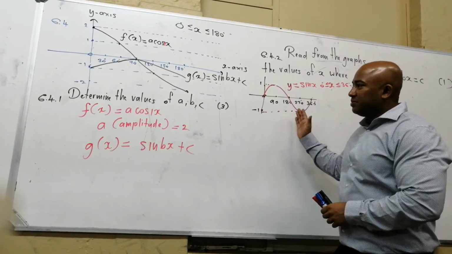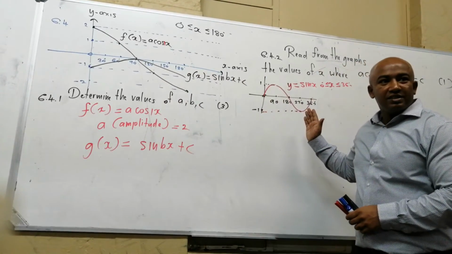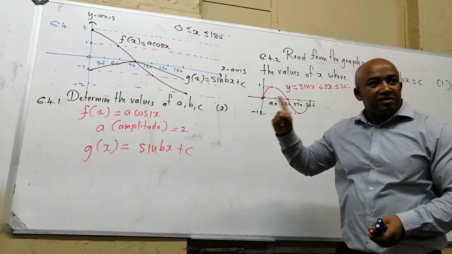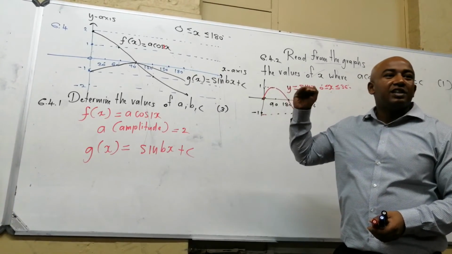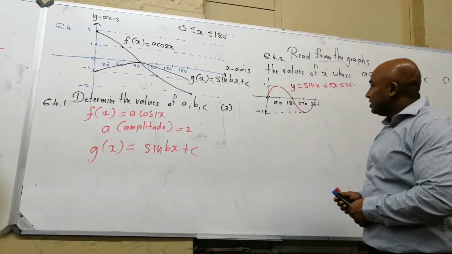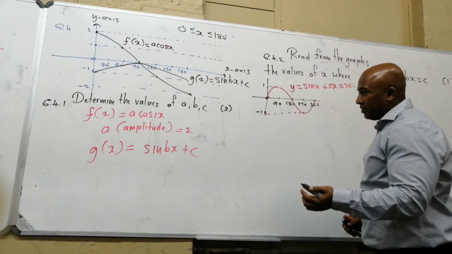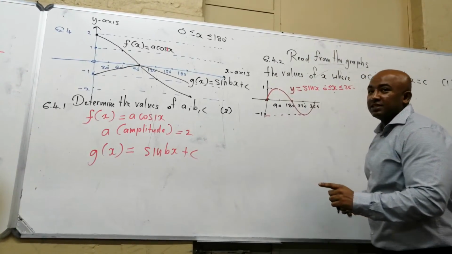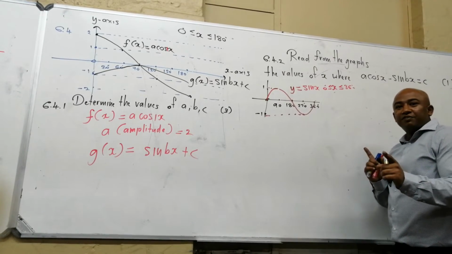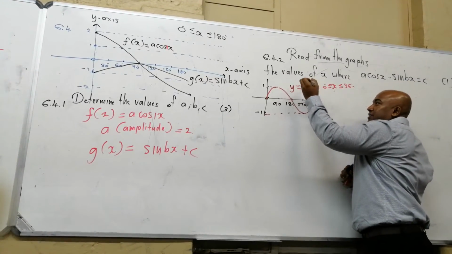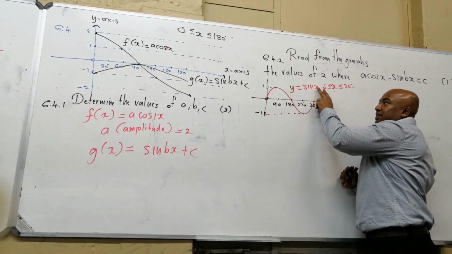So, the question is, has it been shifted to the left or the right? No. Okay, it's the same x values. The only difference in the position is the y values. Can you see that? So first of all, what determines the shift left or right will be what's inside here.